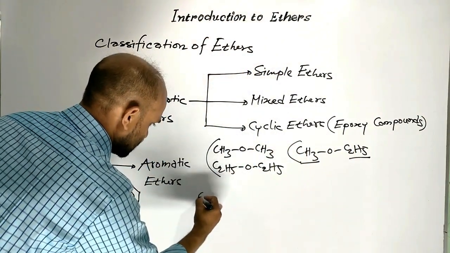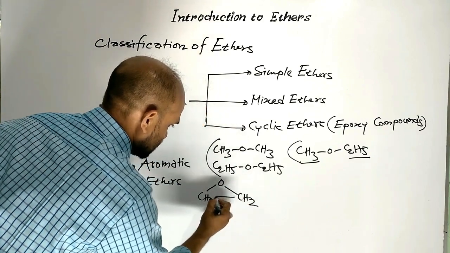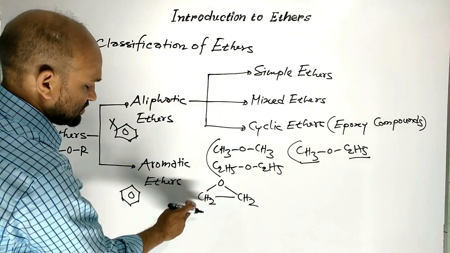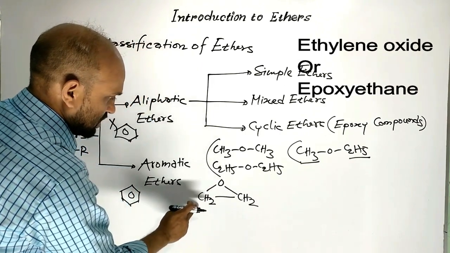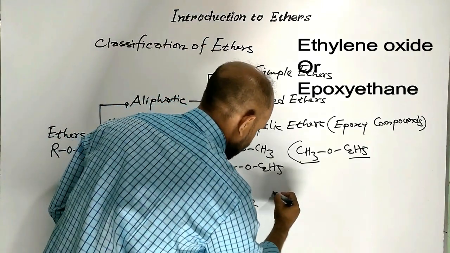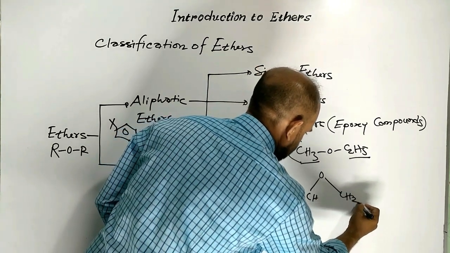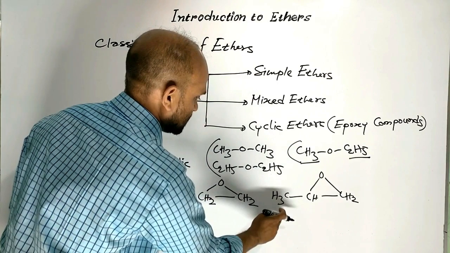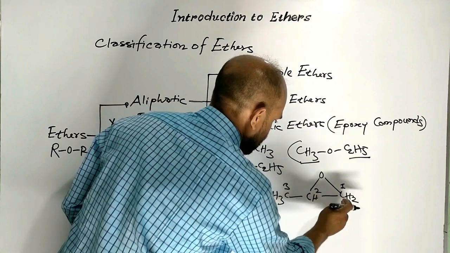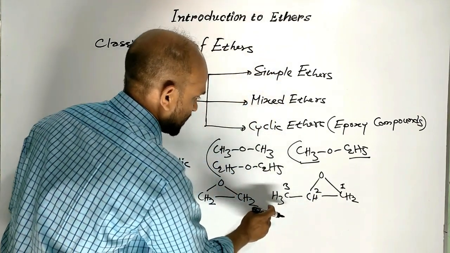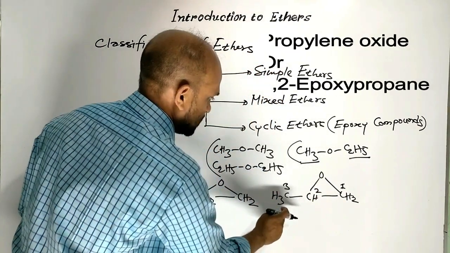First of all, this one, CH2, O, CH2. This is a kind of cyclic ether. Its name is ethylene oxide or epoxyethane. Another one, this one is propylene oxide or 1,2-epoxypropane.